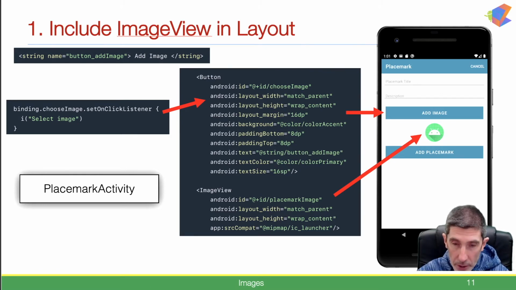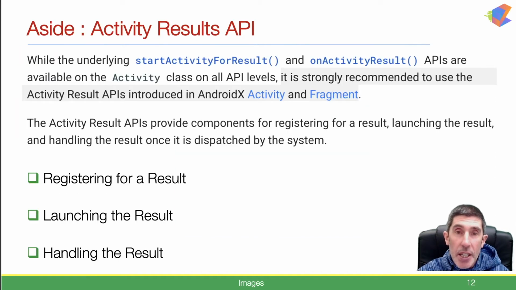So what we're going to have to do there is take the new approach, which is using the activity results API, right? In previous incarnations, what would have happened is you'd kick off your start activity for result, identifying the intent and the class, the activity that you want to start, and then you would return back to one function inside that activity which would manage all scenarios.